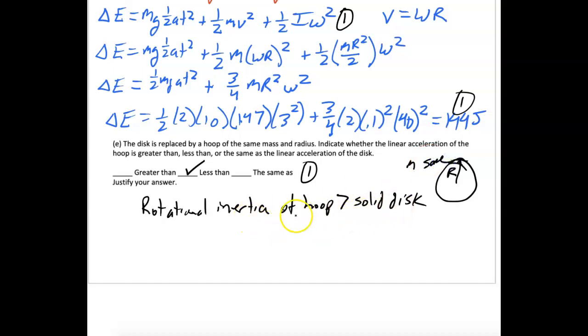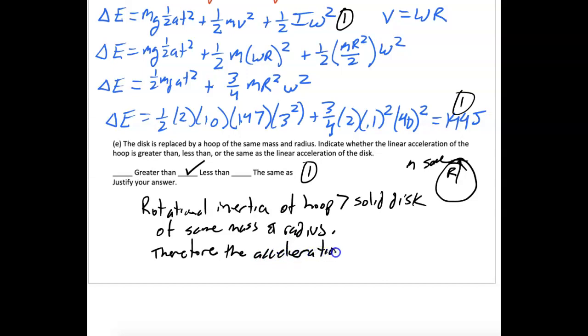And so here, a solid disk of same mass and radius. And because of that, therefore, the acceleration of the hoop is less. And why is that?